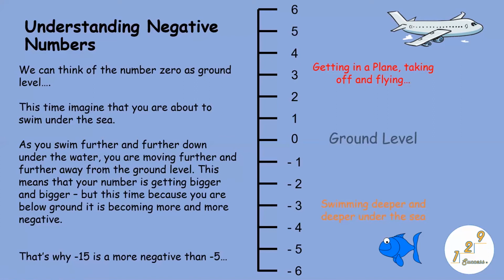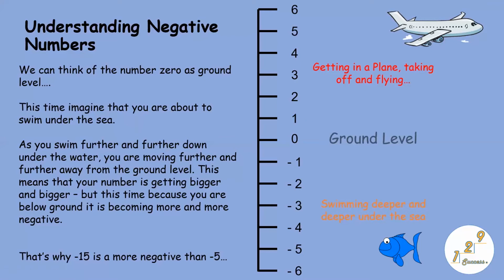Now, you might think that 0 is nothing, so how can we have a smaller number than 0? But that's why it's important to remember that when we're counting above or to the right on our number line, our numbers are getting increasingly larger.